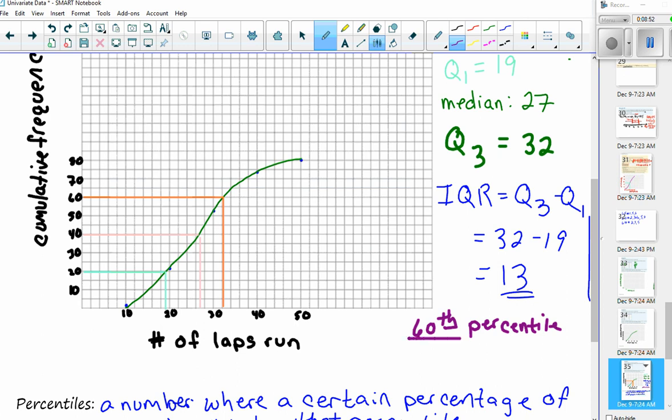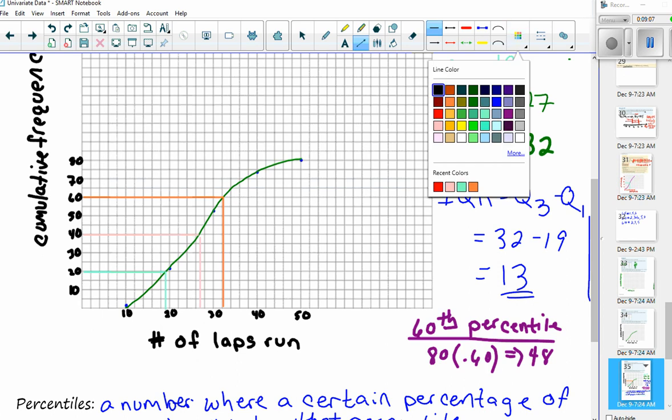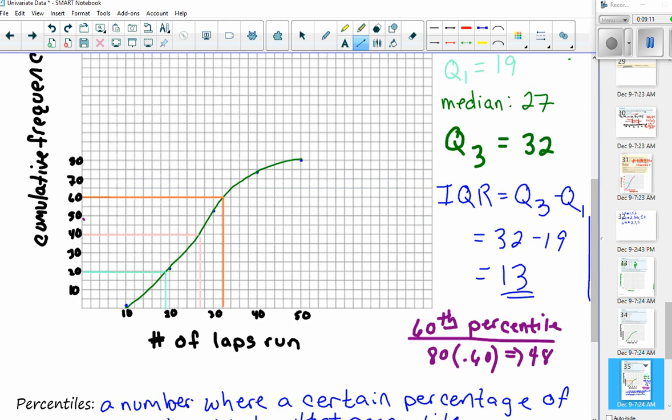So all I need to do is take 80 and multiply it by 60%, so 0.60, which gives me 48. So now what I do is I go over to my graph and I draw a horizontal line at 48. And then I drop my perpendicular.